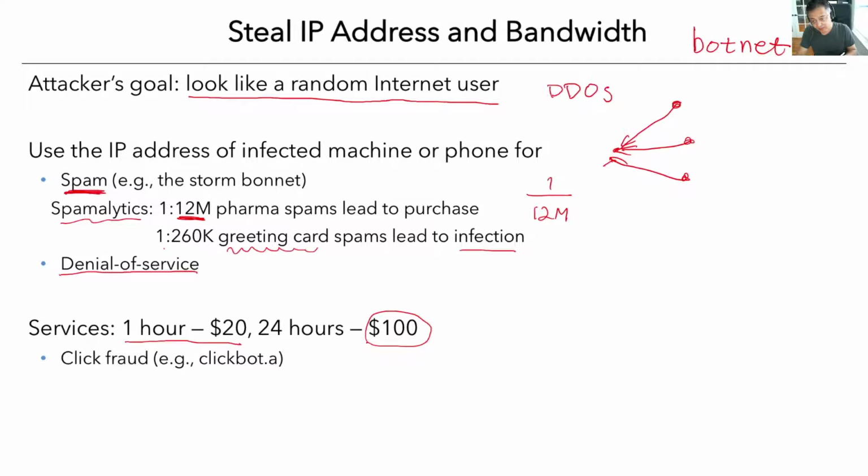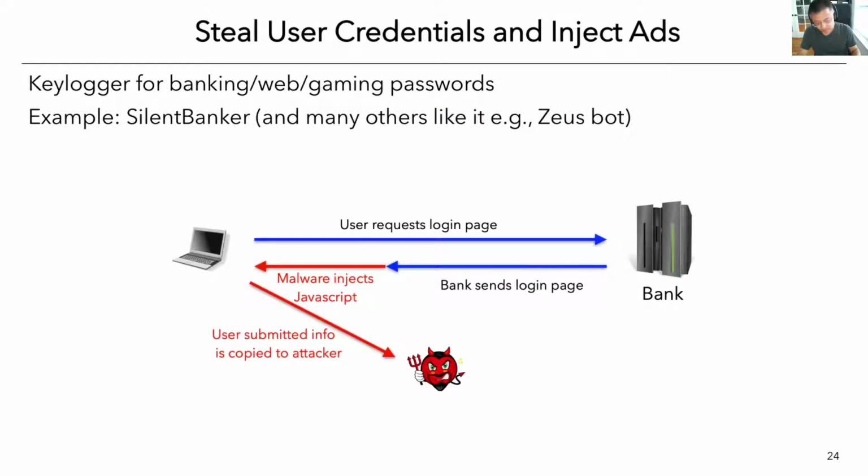They can also launch click fraud by actively clicking ads. Google is an expert in the prevention of click fraud because this is directly related to their business model. They can also steal credentials and inject ads.